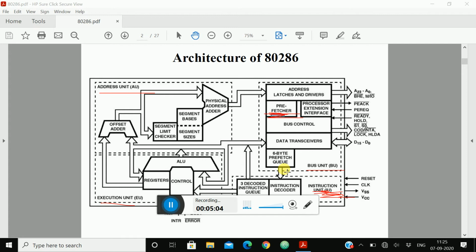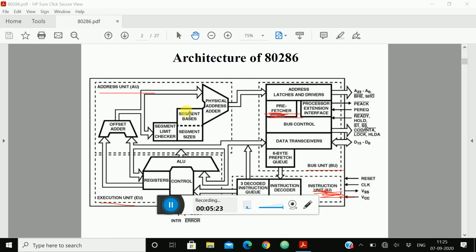If 80286 is operating in real address mode, then the address unit computes 20-bit addresses using a segment base and offset, just like 8086.